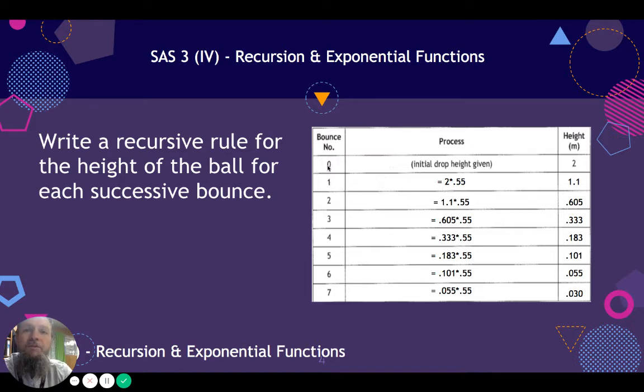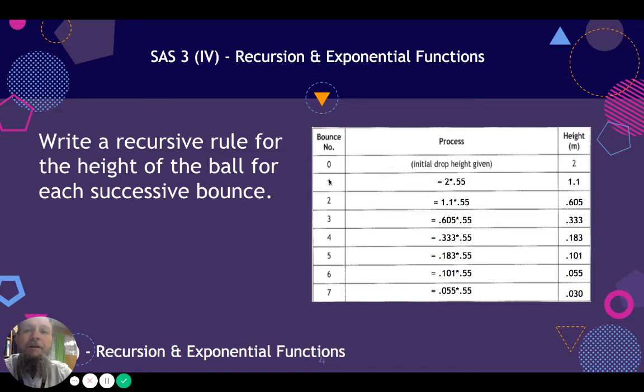Or, since we're starting this way, we could actually say h subscript n plus 1 equals h subscript n times 0.55, which means this time all we're doing is taking this value and adding 1 to it to find the next value. The subscript can be manipulated any way you want as long as it makes sense. So both are actually the same thing.